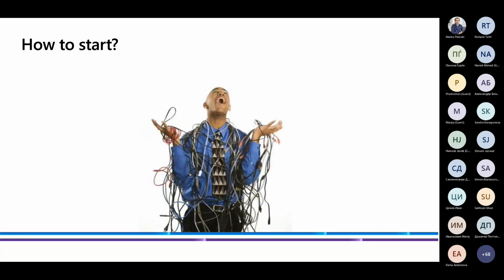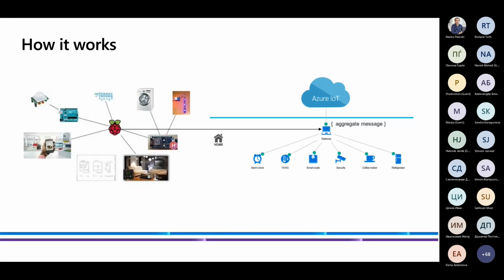So, how to start dealing with IoT? First, you have to understand how IoT systems work. First of all, sensors. Here in our slides, sensors detect a physical property and send it to microcontrollers. Here is an Arduino, for example, and here is another microprocessor or microcontroller. Then microcontrollers send this data to the gateway.